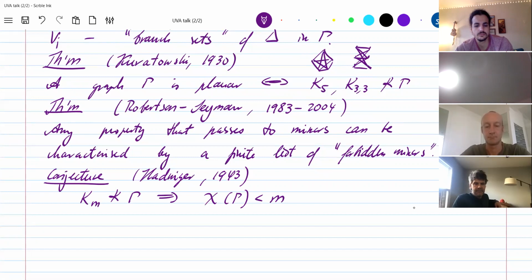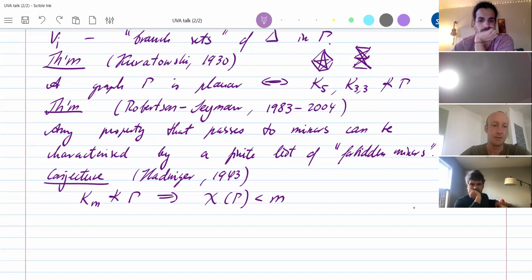And the chromatic number is the minimal number of colors that we'd need to color the vertices of our graph in a way that no vertices connected by an edge have the same color.